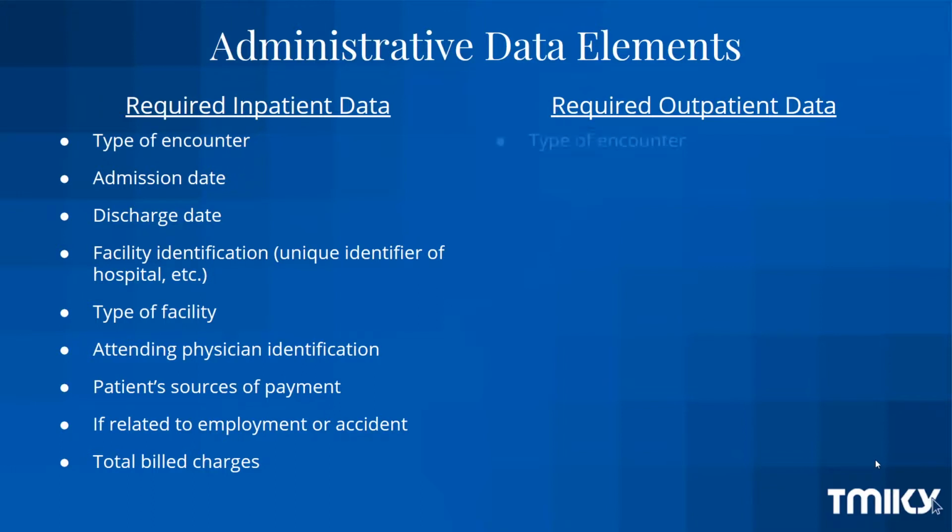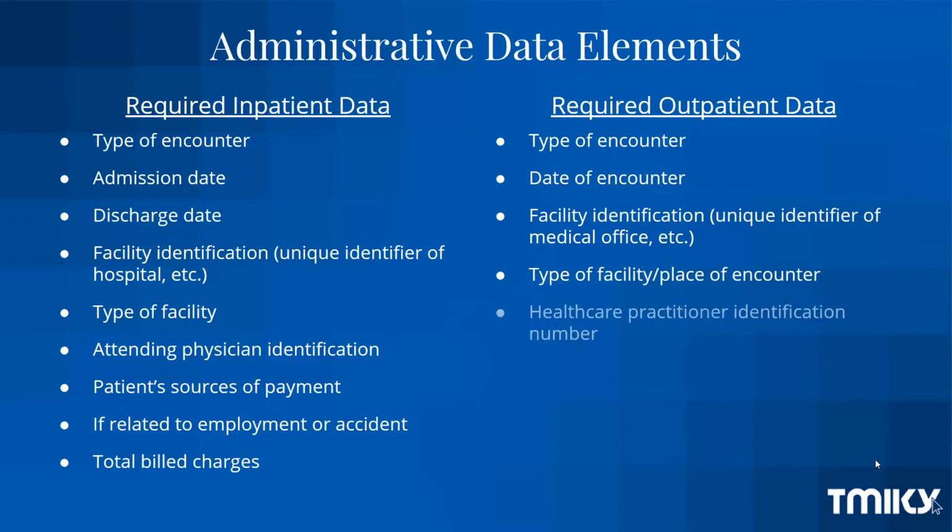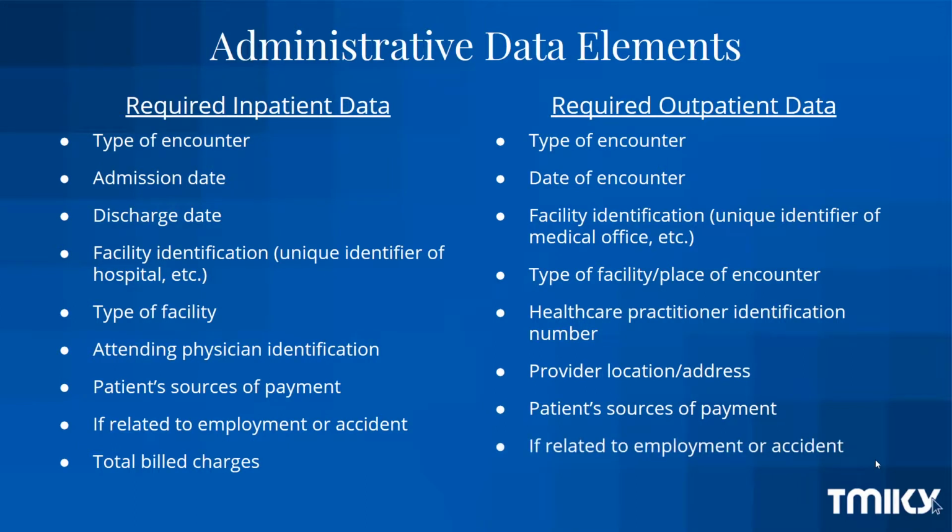The required outpatient data includes the type of encounter, the date of the encounter, the facility identification, so the unique identifier of the medical office, the type of facility or place of encounter, the healthcare practitioner identification number, the provider's location and address, the patient's sources of payment, if related to employment or accident, and the total bill charges.